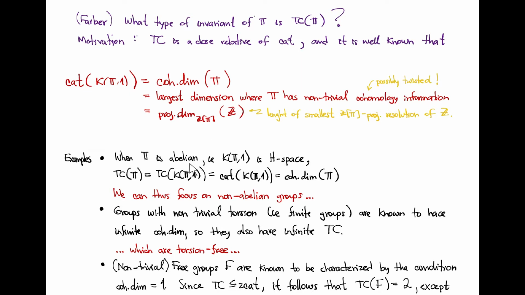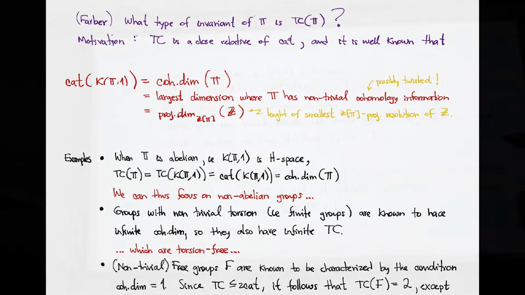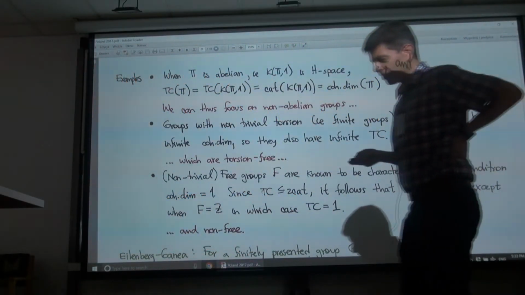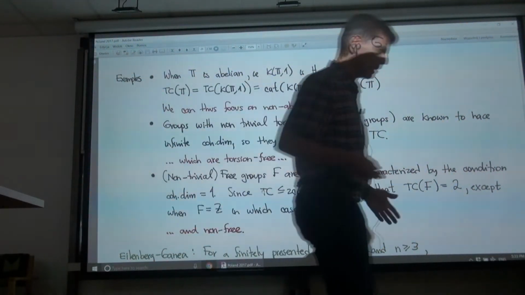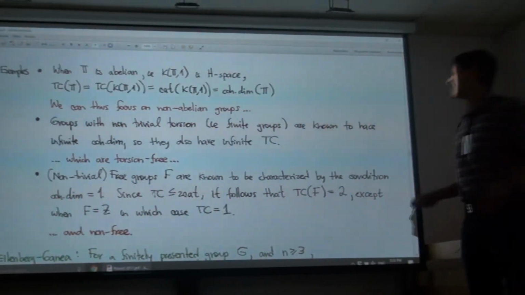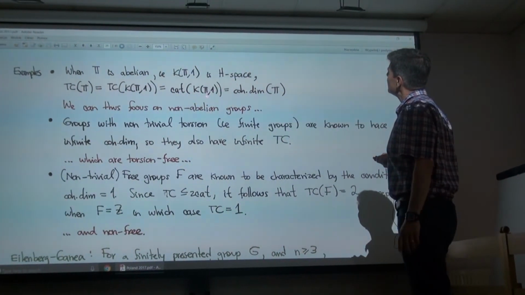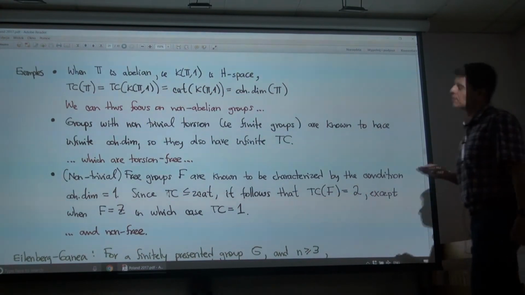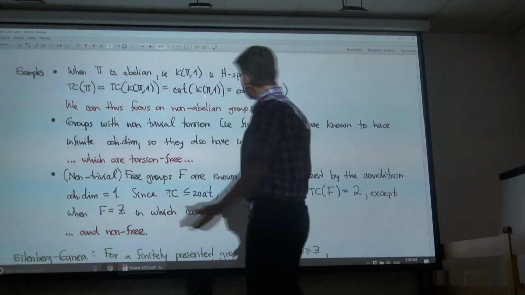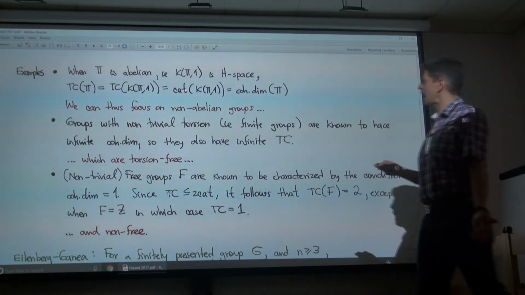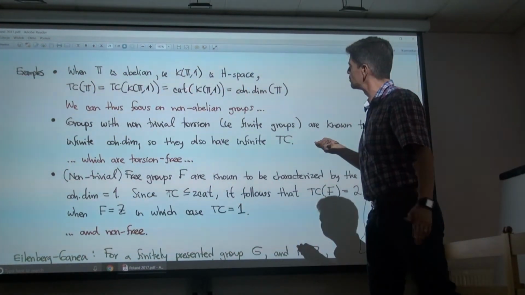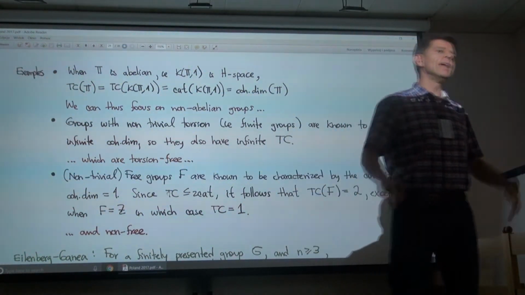And well, first of all, if the group is abelian, then one thing that I learned from Mark, I'm sure of that, is that the Eilenberg-MacLane space of a group which is abelian is an H-space, and in particular the TC is the category, and that's well understood.